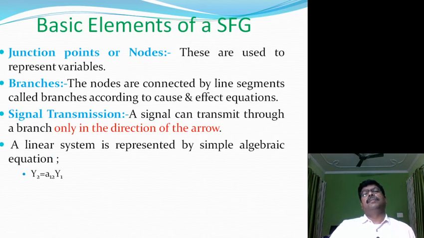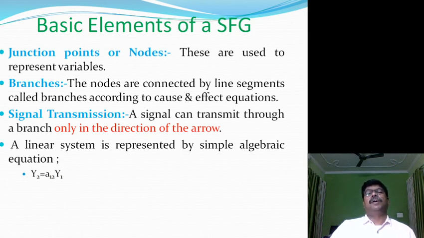Now basic elements of signal flow graph. So first element is node. Here in the signal flow graph, node represents the variable. Nodes are junction points representing the variables, while branches are the nodes that are connected by line segments called branches according to the cause and effect equation.